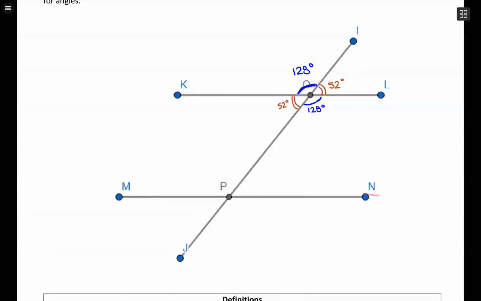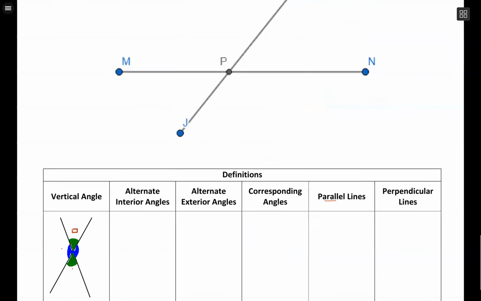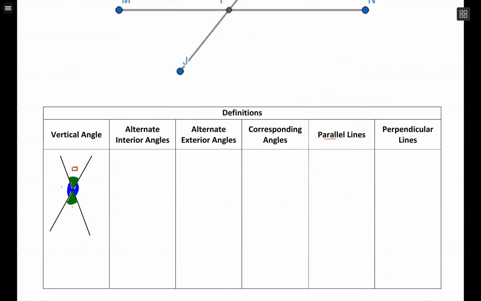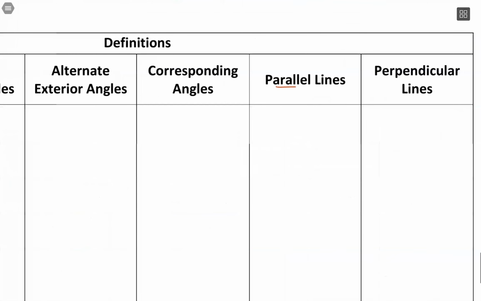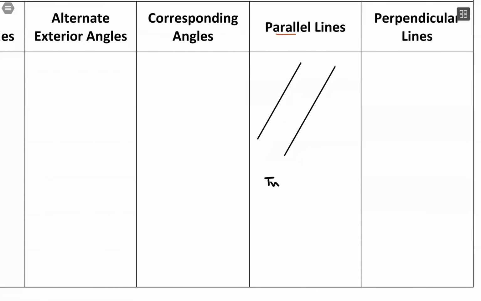Parallel means that if I continued those lines on forever, infinitely, they would never intersect with each other. They would keep running, and we use the term parallel. So for the definition of parallel lines, it's having two lines that never intersect.